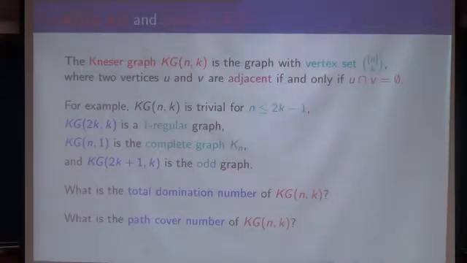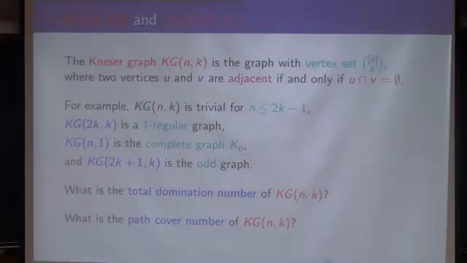Well, but in 2003, Yaochen Chen proved that if n is greater than or equal to 2.62k, then the Kneser graph is Hamiltonian. As far as I know, that's the best result so far. So when n is near 2k plus 1, we still don't know.